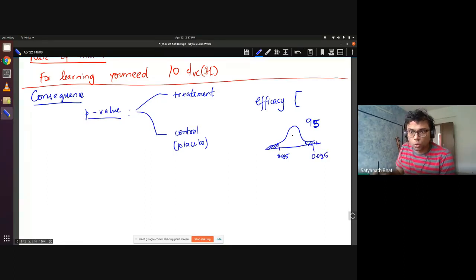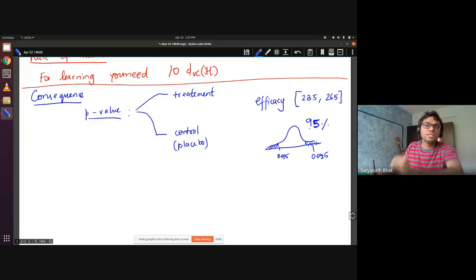So the actual true parameter lies in the 95% confidence interval, and the efficacy can be, say, 23.5 to 26.5. This kind of thing is what you typically report. So the p-value is typically chosen as 0.05. Okay, so this is how one does scientific experiments.